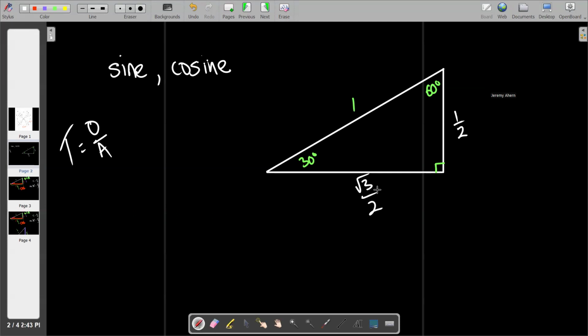Everybody okay so far? What is the tangent? Could you figure it out for me? It's opposite over adjacent, right? Which means we have to do a bunch of math, correct?